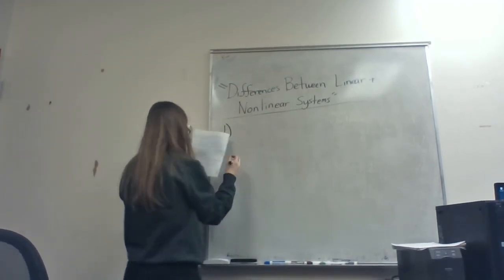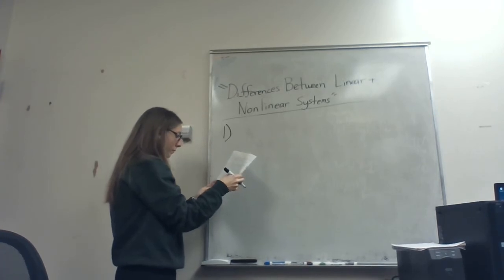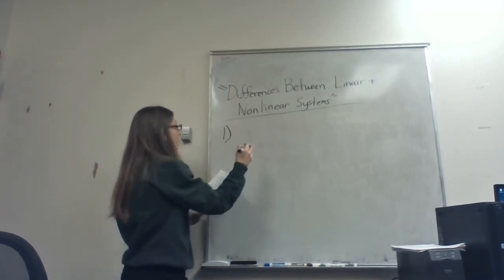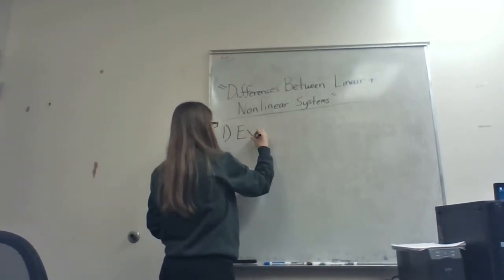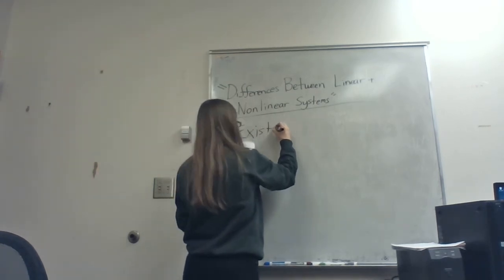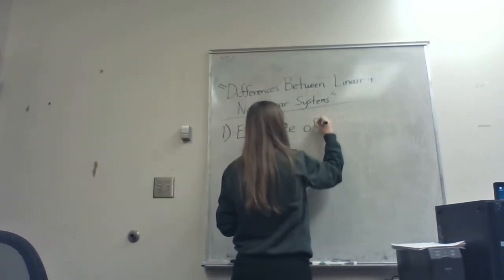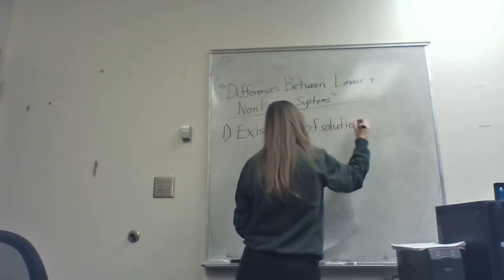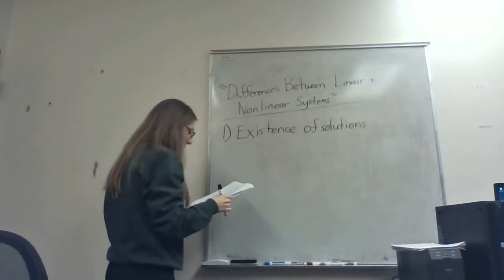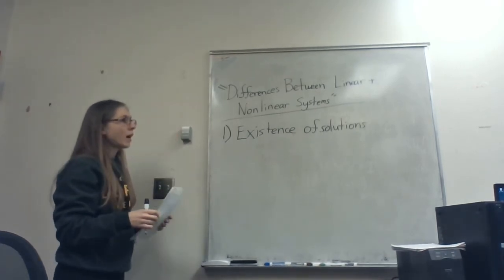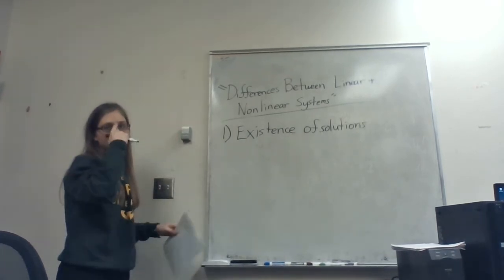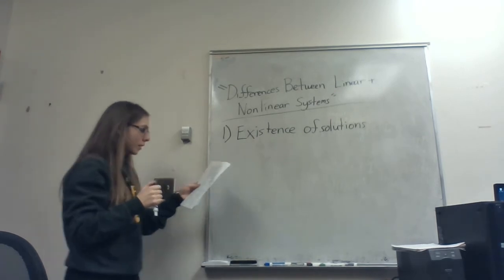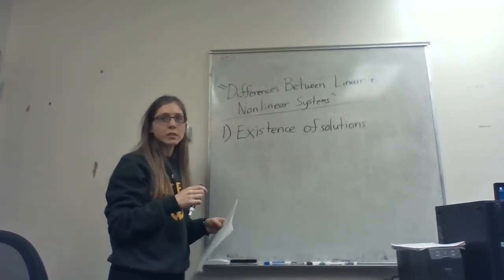So, the existence of solutions is something that we have not traditionally questioned in an undergrad control class. No one said, does the solution to this system of linear equations exist?